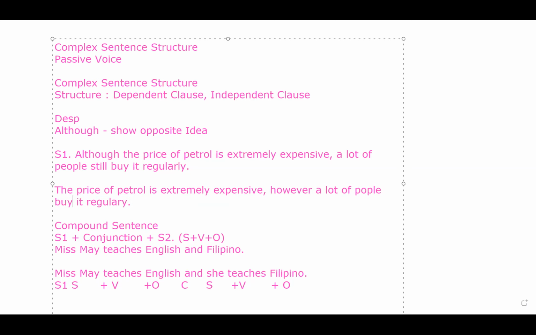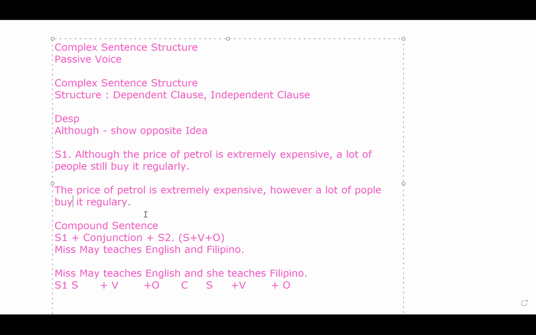We can use however in the middle, not only at the start. Yes, Miss Andrea, but if you use however in this sentence, it's not complex, it's compound: subject, verb, object, subject, verb, object.